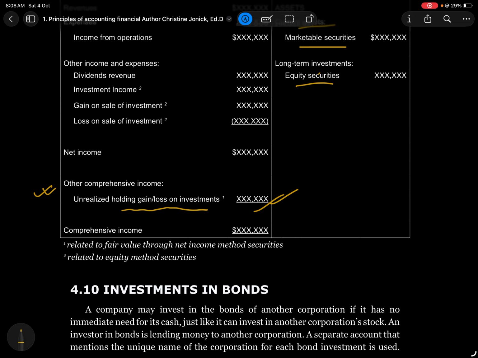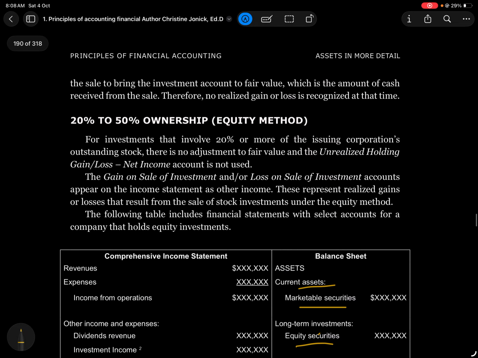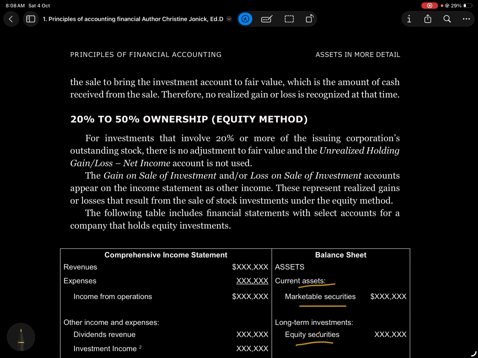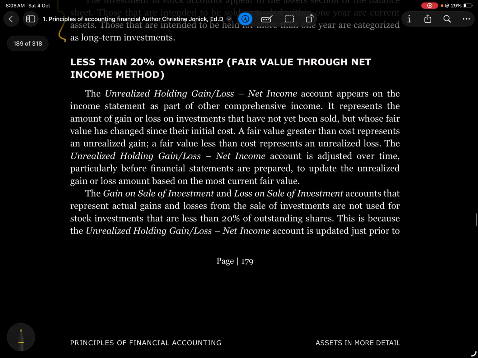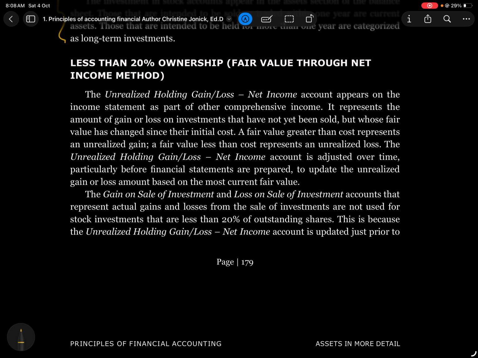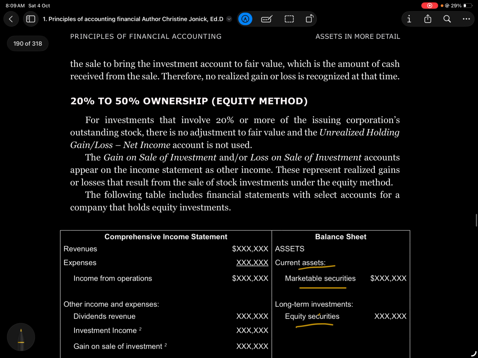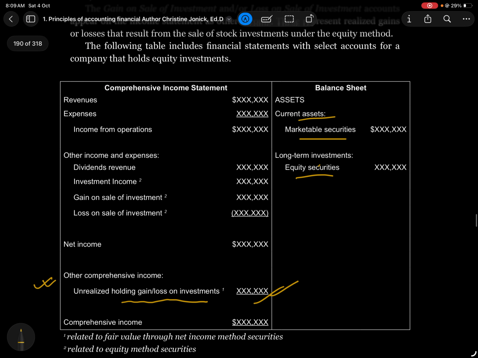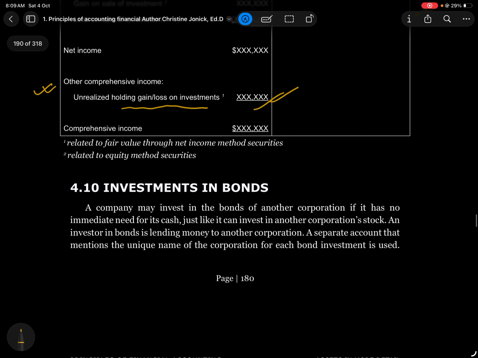So it will be reported over here. With 20% shareholding, it depends whether we want to recognize the unrealized holding gain or not and how we want to present it. It's not only this that affects it, but the standards and all that affect it as well.